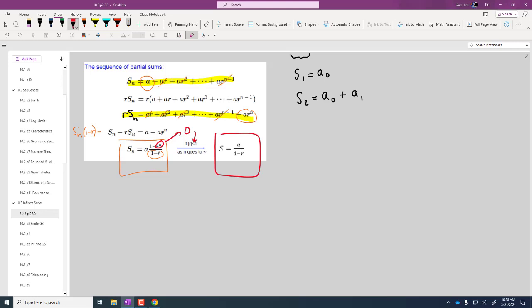S sub 3, we're going to add the sum of the first three terms, so we're going to multiply by 5, so it's going to be, I think, 31 over 125. And for a geometric series, it is very, very difficult to see what the pattern is here. But, long story short, all we have to do is that.